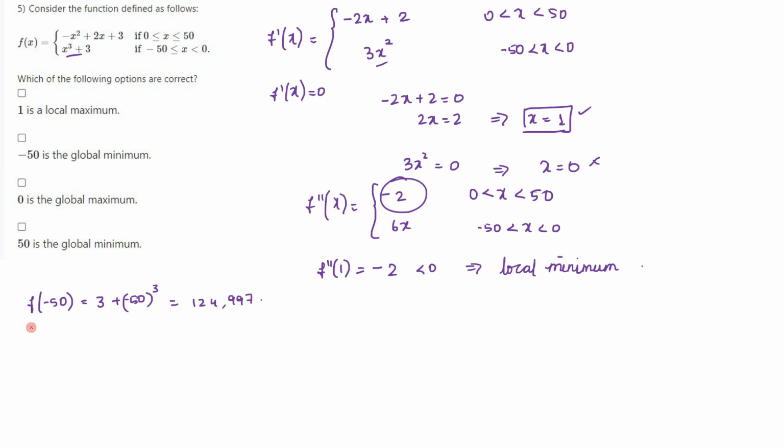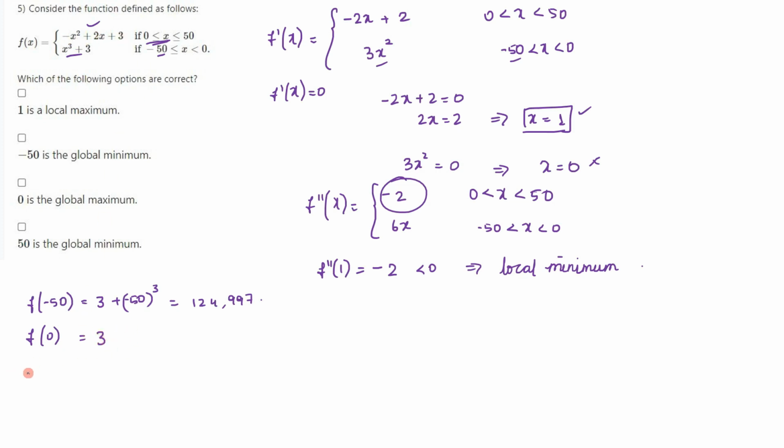Okay, so now I'm done with this. I'll move on to f of 0. Again, f of 0 is nothing but, I'll have to use this equation. So again, I have 0 square plus 2 into 0 plus 3. I'll have only 3 here.